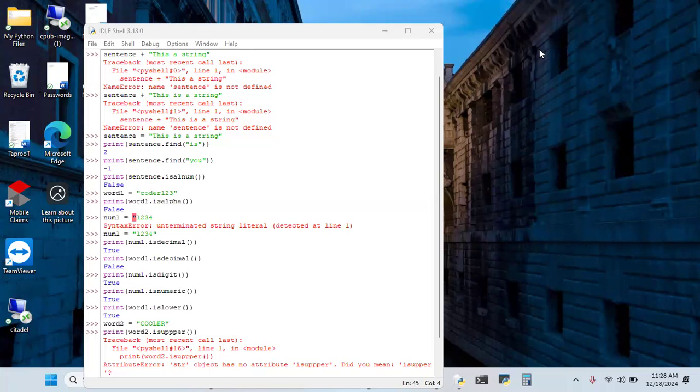After the full stop, yes. It returns -1 if the value was not found. Have you written it down? Yes. Okay.